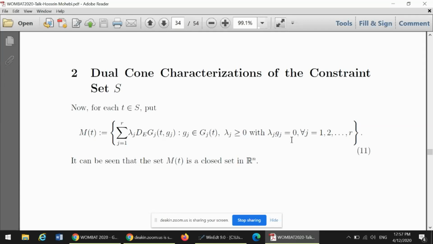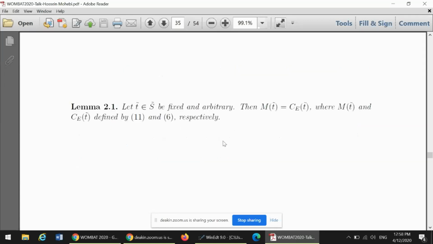Also, this set is closed. In fact, under this lemma, we have M of T tilde is equal to CE of T tilde. These two sets are equal.